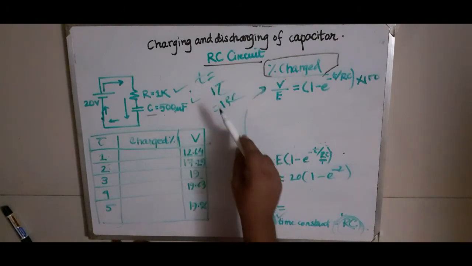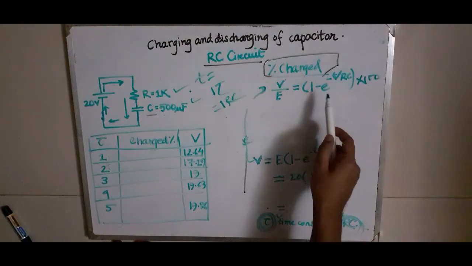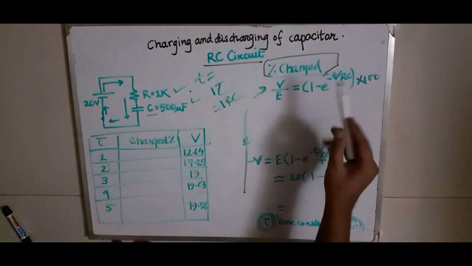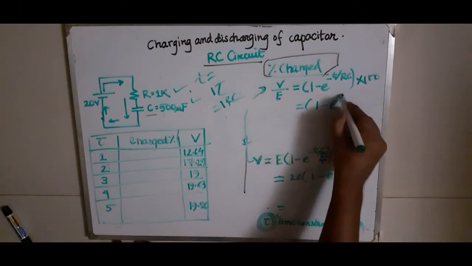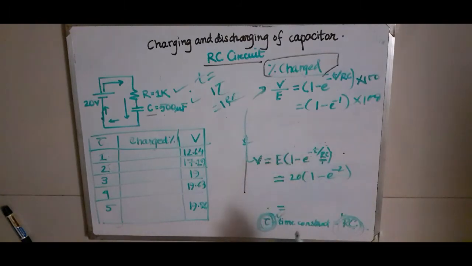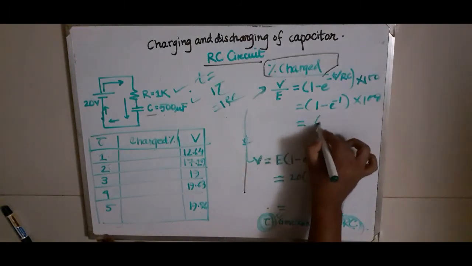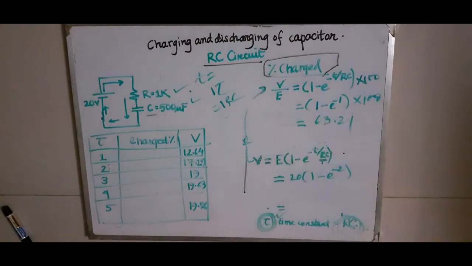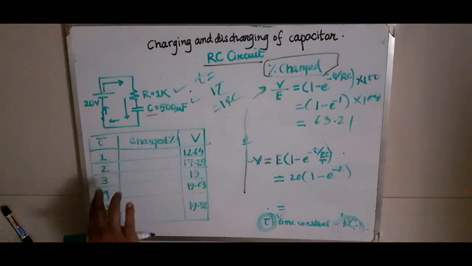So replace this t with 1 RC. RC and RC get cancelled out, leaving e to the power minus 1. So you will be left with 1 minus e to the power minus 1, multiplied with 100. And if you calculate, you will get 63.21.